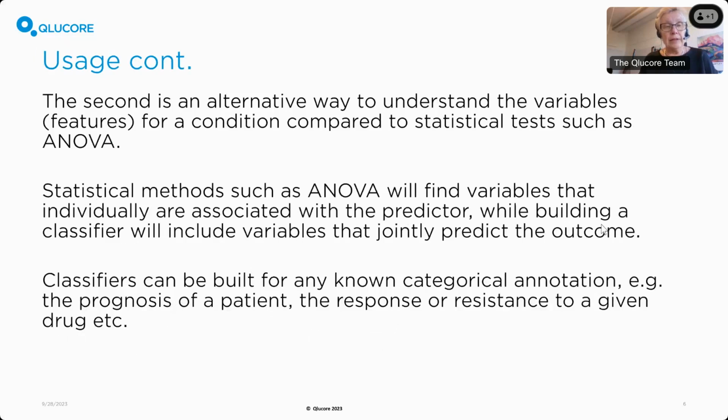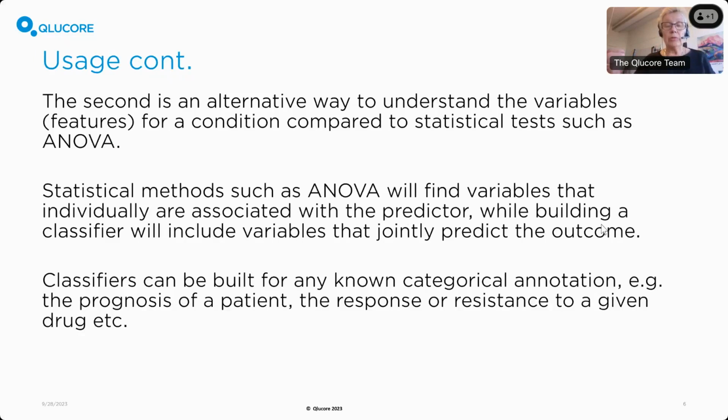And another use case is an alternative way to understand the variables for a condition compared to just a statistical test such as ANOVA. Statistical methods will find variables that individually are associated with the predictor. So individually they are good at separating the groups of interest.